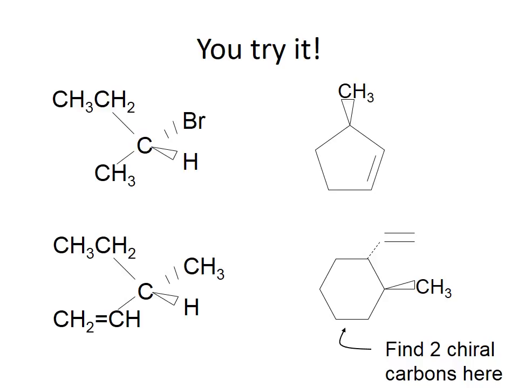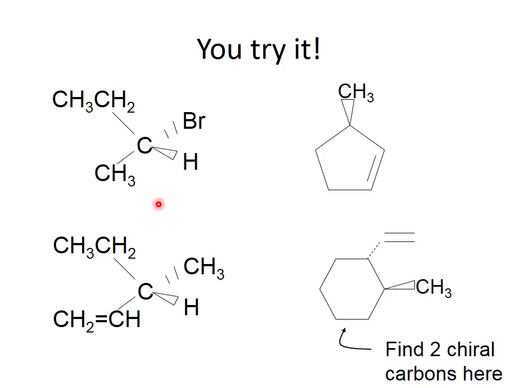Here are some molecules. I want you to find in each molecule the chiral carbon, assign priorities, and then assign it as being either R, clockwise rotation, or S, counterclockwise rotation. In this molecule down here on the right, you need to find 2 chiral carbons and assign R or S stereochemistry to it.